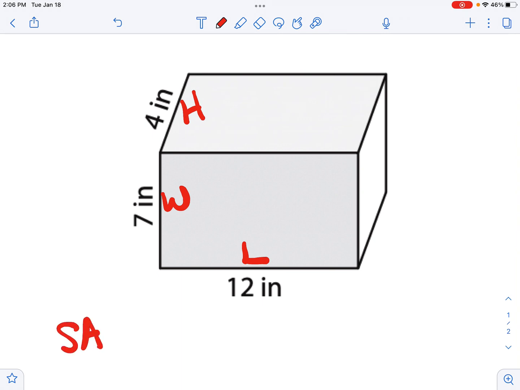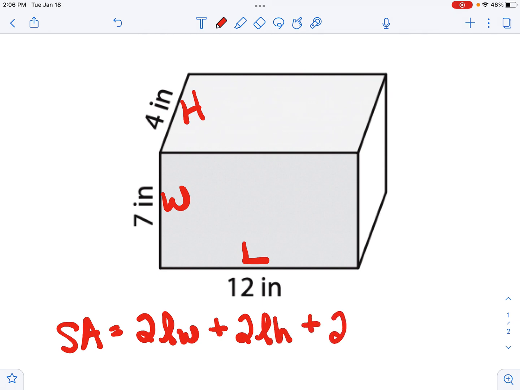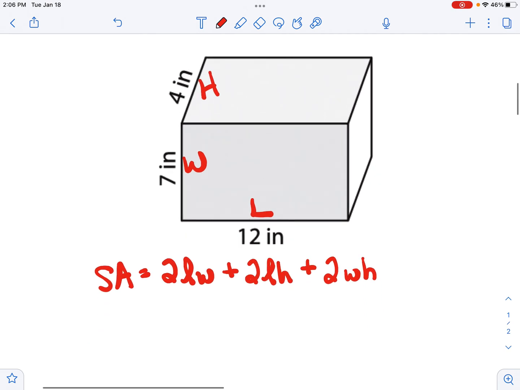Copy down your formula. Surface area equals 2LW, and it's at the top of the screen, I'm just zoomed in, plus 2LH plus 2WH. Now I'm going to replace the variables in the formula with their values. Every time I see an L, I'm going to put in a 12.